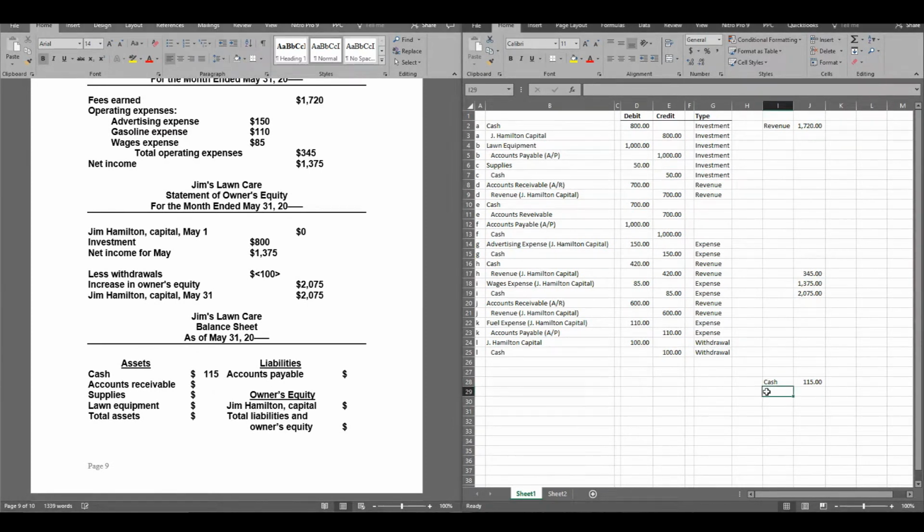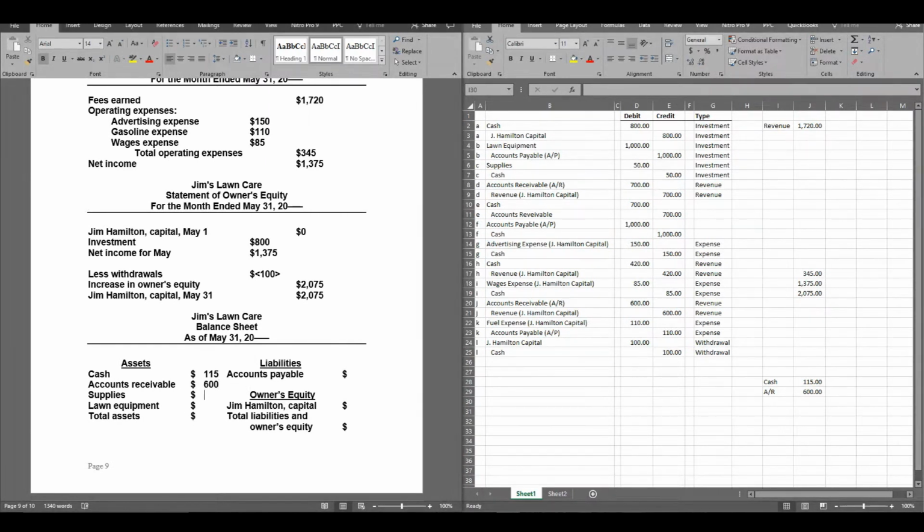What about accounts receivable? Accounts receivable, we added to it here. Then we subtracted from it here. Then we added to it here. And that's it. So we have $600 in accounts receivable.